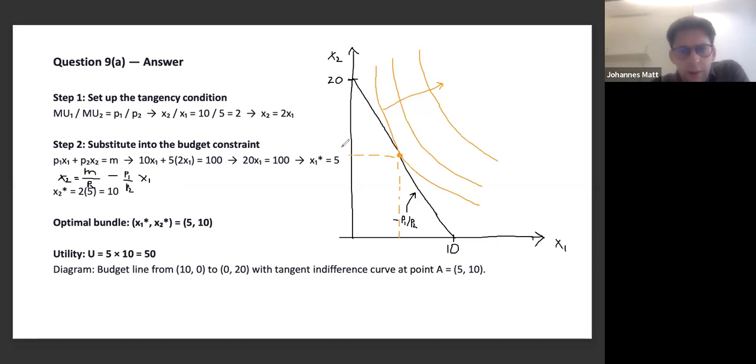So what is that point? Well, we've derived that point earlier. That is at 5 and 10, right? And so maybe let me call this point here A. Right, that is my utility maximizing point.